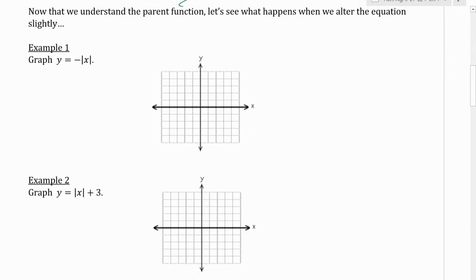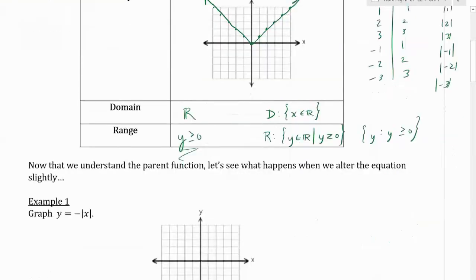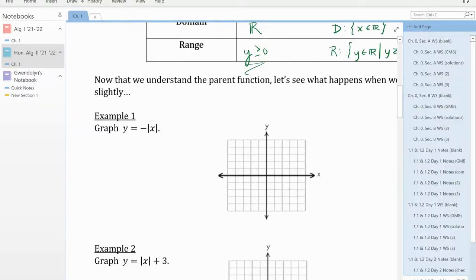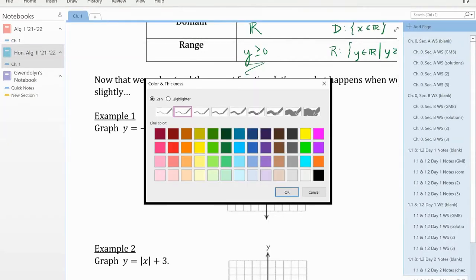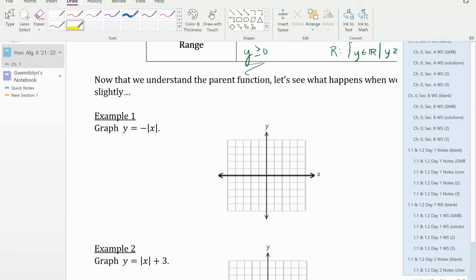So anyway, now we're going to do a bunch of transformations on just that regular old parent function. Let's go through here first. We'll do this super quick and just graph that parent function. I'll do it with a highlighter, and then we'll just have it on there to compare to.